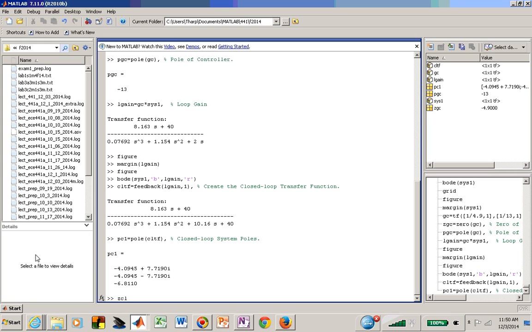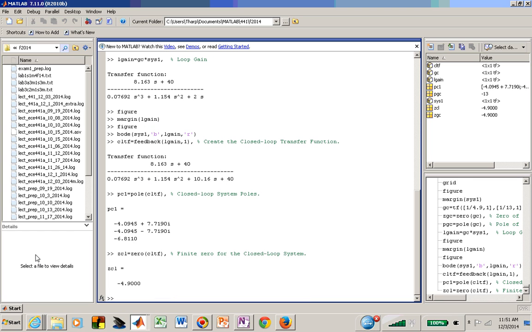And now let's look at where our 0 is for the closed loop. We could say 0 of CLTF. And it's at -4.9. So we not only have 3 poles, but we also have a finite 0.